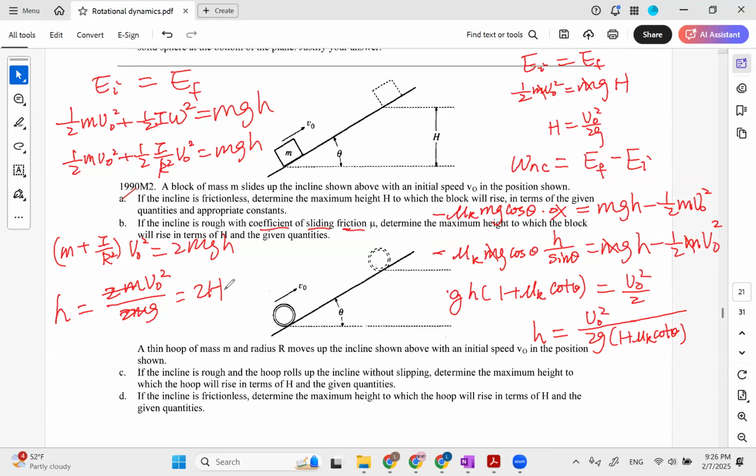Right? You see here? Because v naught squared over 2g is h. That's why the new height will be 2h, right?